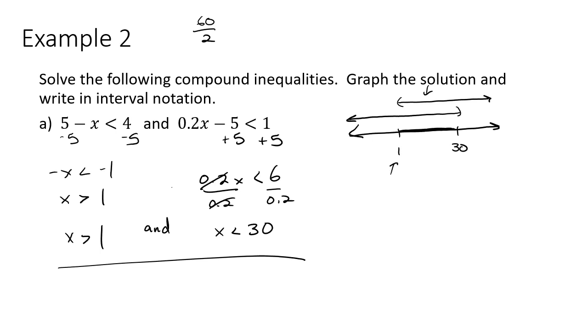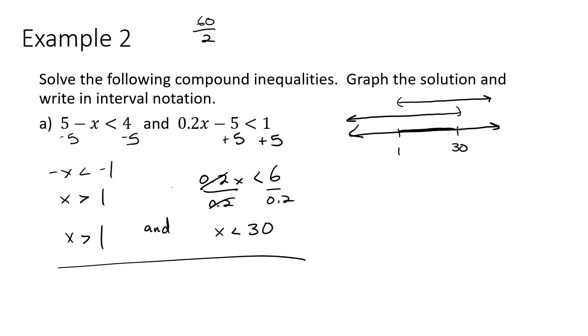That does beg the question of what about the endpoints themselves, though? Remember, to be a solution to the final and inequality, it has to be on both number lines. So while the number 1 is a solution to x less than 30, it's on that bottom graph. Because of the open parentheses, it is not a solution to x greater than 1. It's not on that top graph.